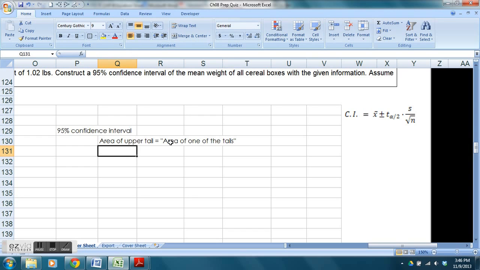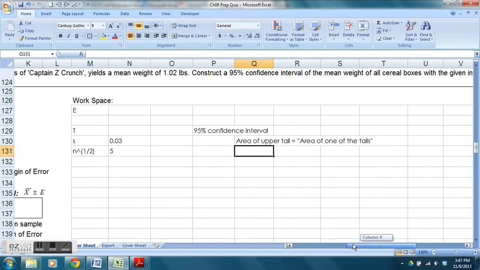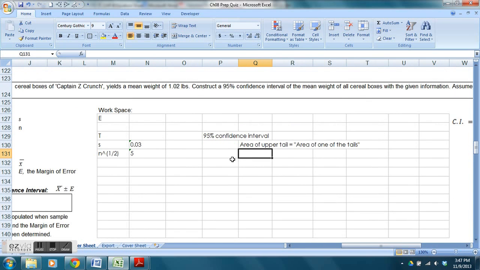This language is important when we look at our T table, which you'll see in a little bit. Anyways, our alpha divided by 2, or the area in one of the tails, is equal to 0.05 divided by 2, which is 0.025.